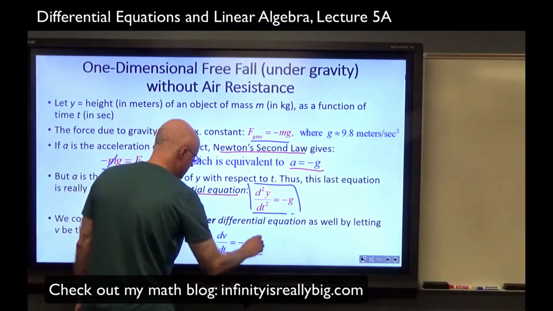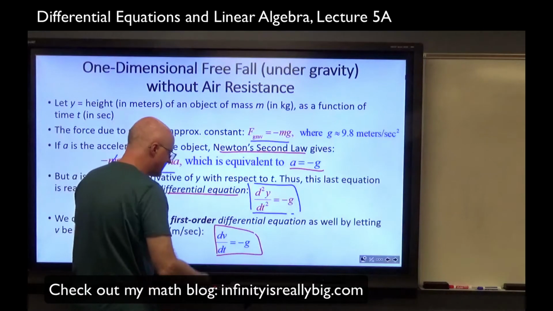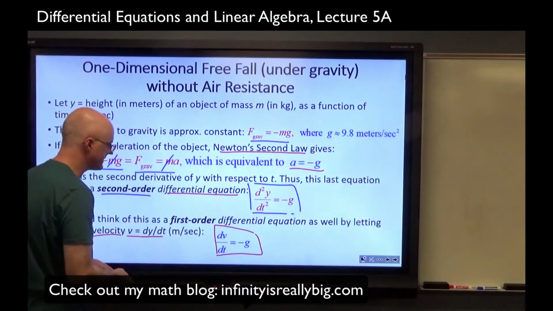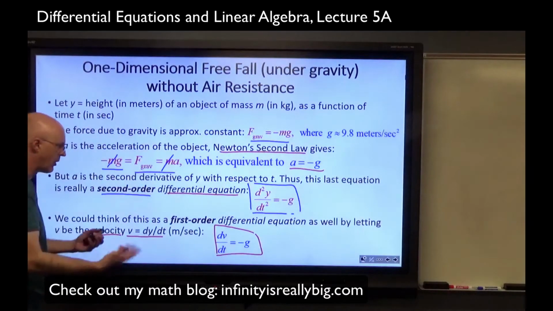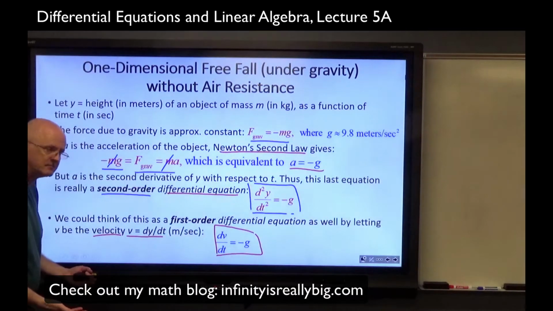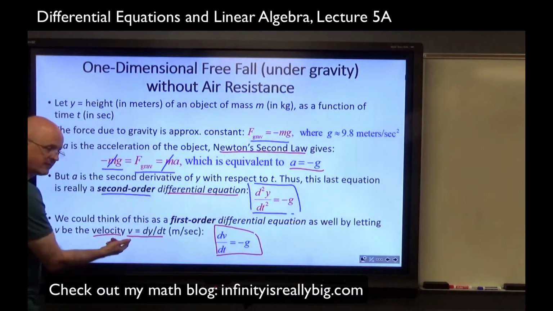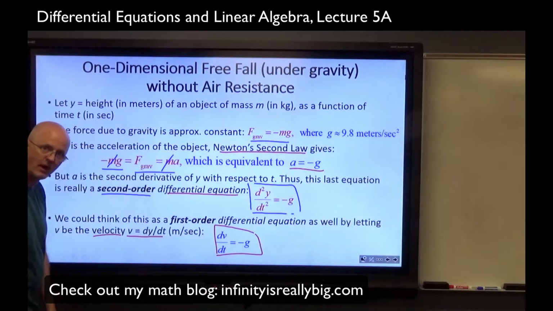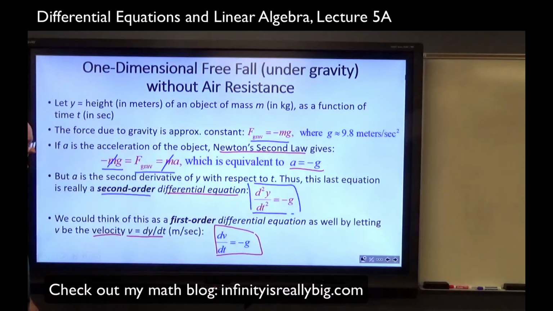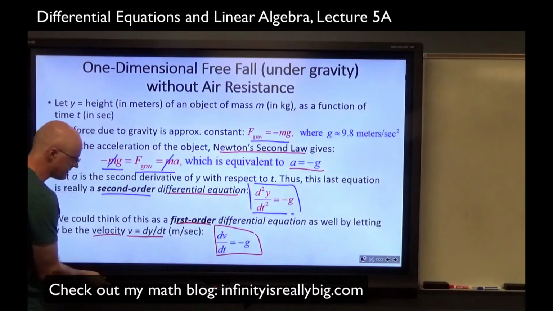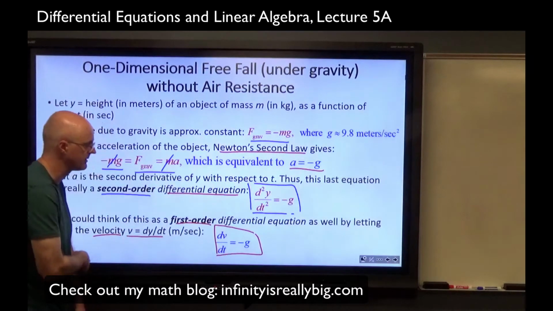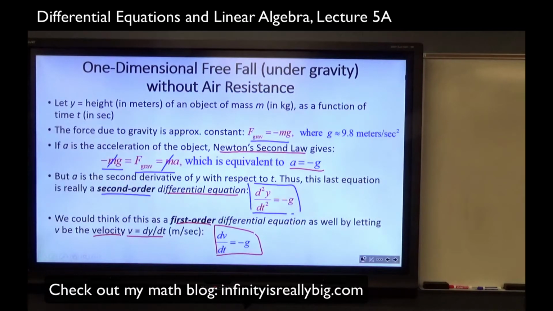These two equations, even though they look different because they involve different dependent variables, y versus v, mean the same thing because the first derivative of v is the second derivative of y, all with respect to time t. It's first order because the highest degree of a derivative in this equation is a first derivative.